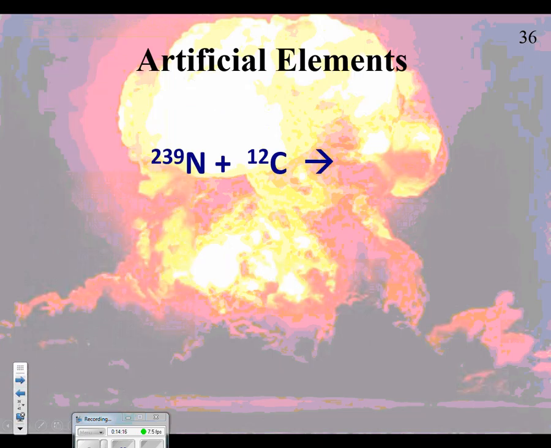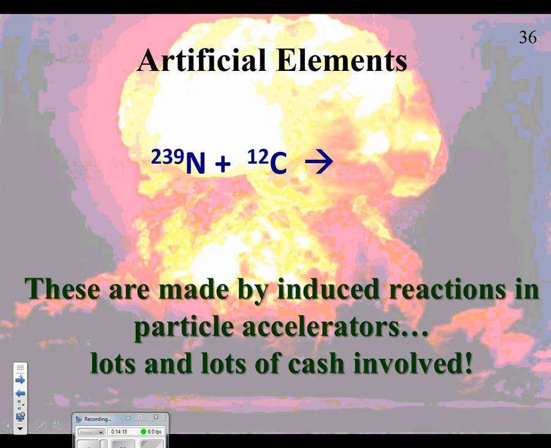Okay, so artificial elements. Here we've got one that can be made, and that's supposed to be uranium, not nitrogen. That makes me laugh. Okay, that's supposed to be uranium. I can make californium. Okay, these are made by induced reactions in a particle accelerator.